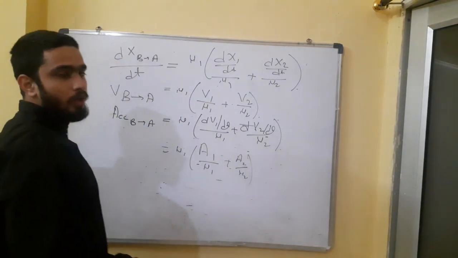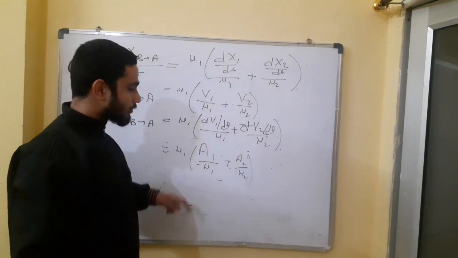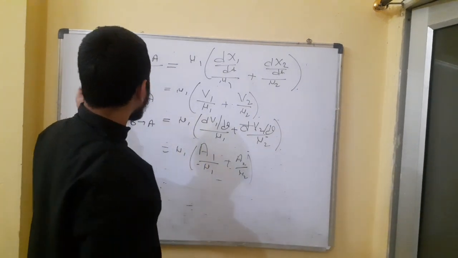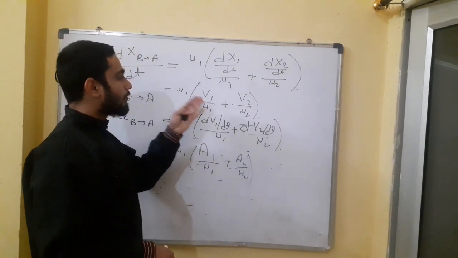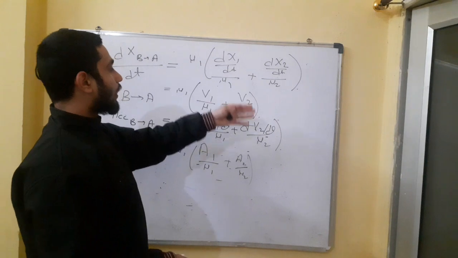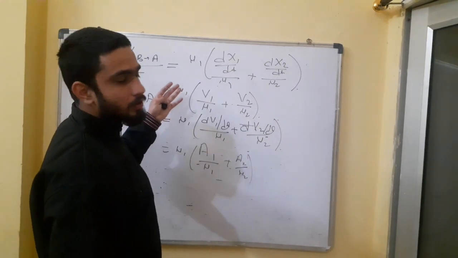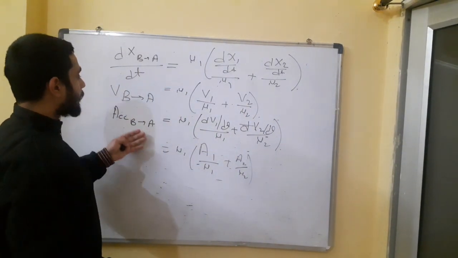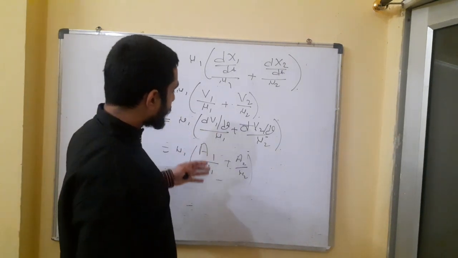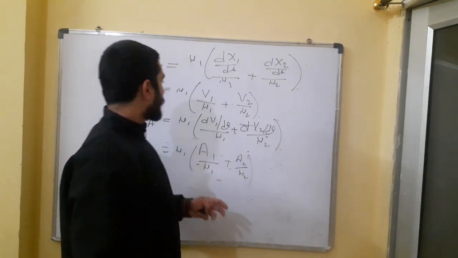So we saw how to calculate relative distance. For relative velocity, this is the formula: v1 by mu1 plus v2 by mu2, multiplied by the refractive index of the medium in which the observer is present. The acceleration of B with respect to A will be mu1 into a1 by mu1 plus a2 by mu2.